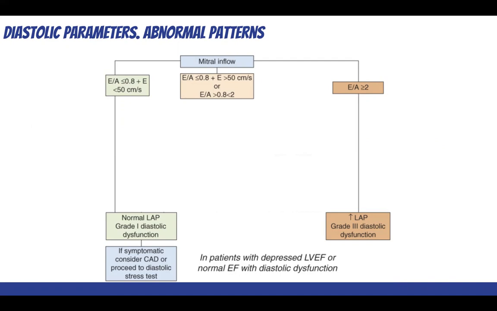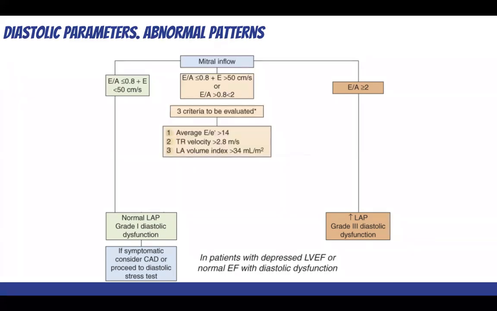So if your E to A is less than 0.8 and E is more than 50, or your E to A is between 0.8 and 2, then you should evaluate more parameters. At least these three: average E to E prime, TR velocity, and left atrium volume index. If 2 out of 3 are normal, then it's going to be grade 1 diastolic dysfunction.